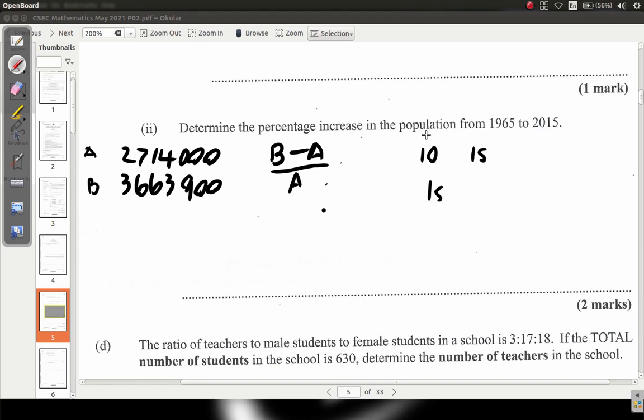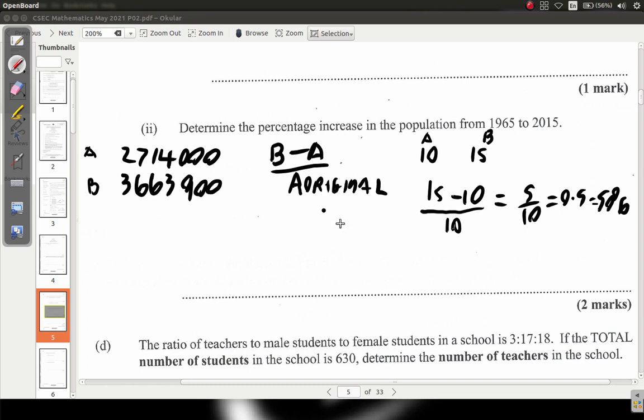Because if this is A and this is B, then 15 minus 10 over what? The original 10. 15 minus 10 is 5 over 10. That's a half, 0.5, that's 50%. So you must put it over the original number, not the big number.